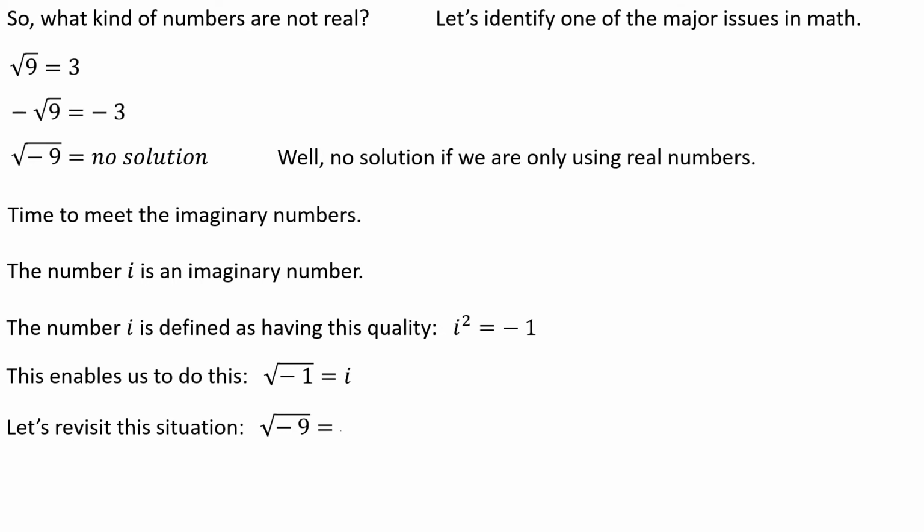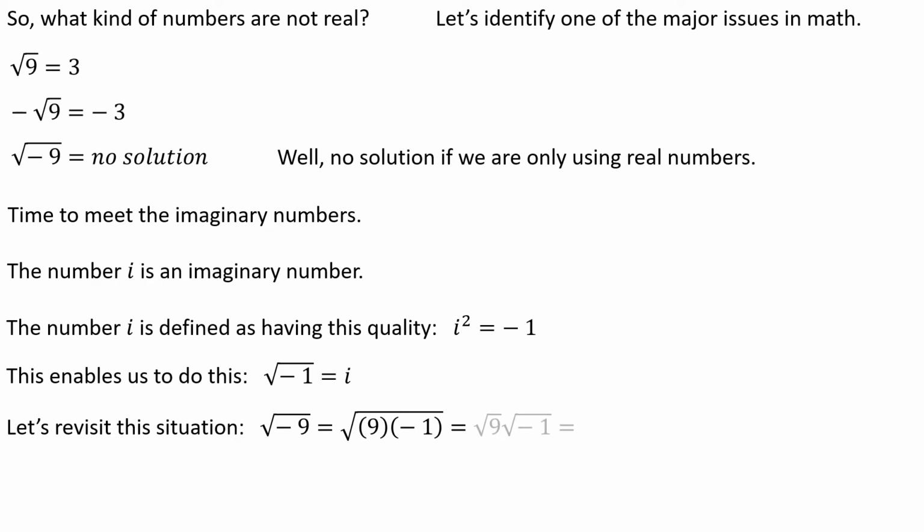So let's go back and let's look at square root of -9. All right, I can actually find a solution. I know that -9 is really 9 times -1. Notice I put the number 9 first and I put the -1 second. This is just the customary way of doing this.